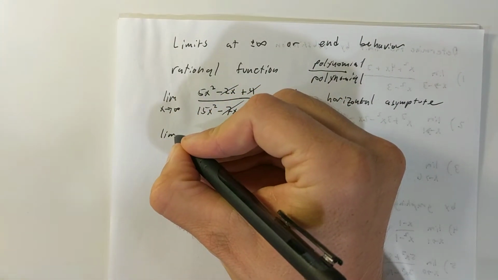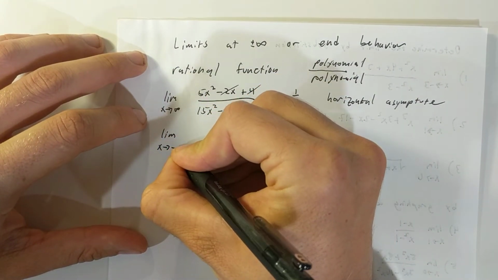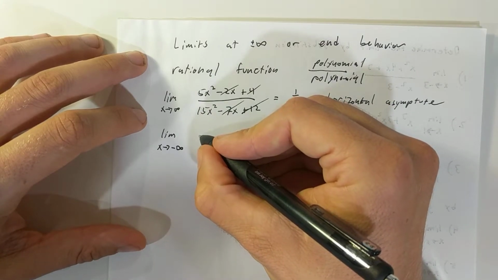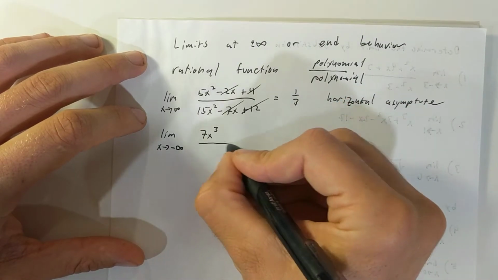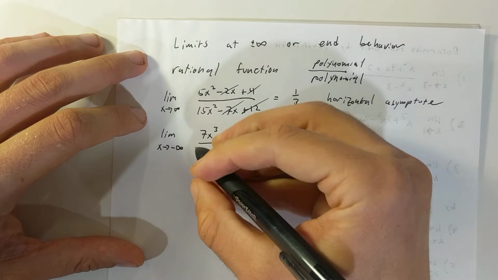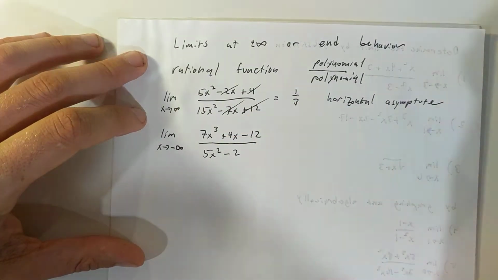Let's do maybe the limit as x goes to negative infinity of 7x cubed plus 4x minus 12 over 5x squared minus 2.